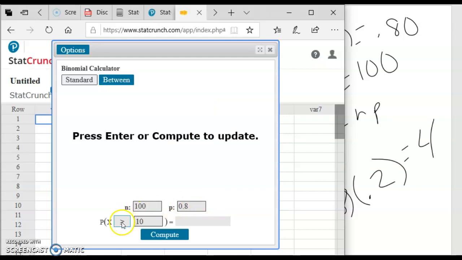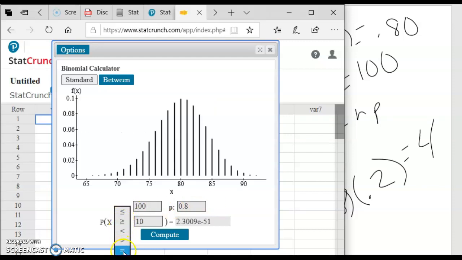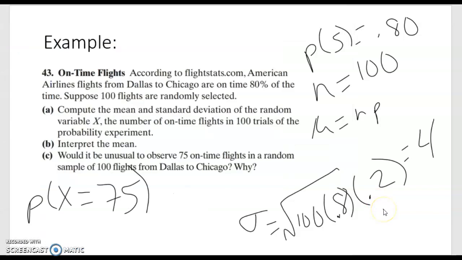Our P is 0.8, and we want exactly 75. Now I want you to notice this. Look at that E negative 51. That means we need to move that decimal 51 times to the left, okay? Which means we are going to have 50 zeros in front of that too. So this number is approximately equal to 0.